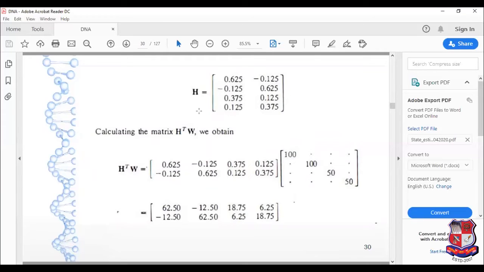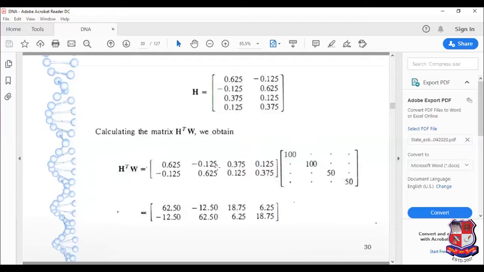After forming the H matrix, we will get H transpose into W. As I explained earlier, the weightage matrix is nothing but a diagonal matrix, and the off diagonal elements of this matrix will be 0. So it is a 4 cross 4, M cross M matrix. Only diagonal elements remain present. The rest of the components are 0.